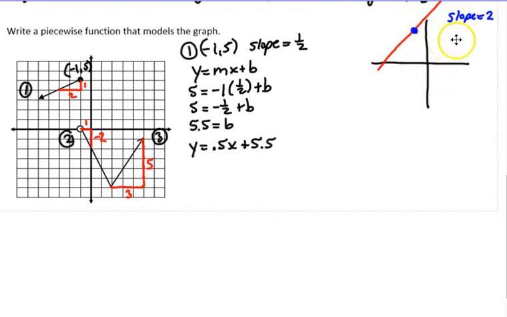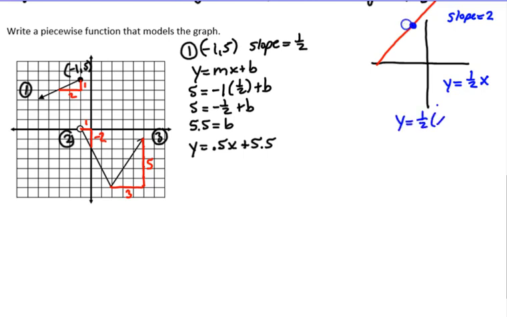So if my original function down here is y equals 1/2 x, and then I shift it left 1 and up 5, that would be the same as saying y is equal to 1/2 times x plus 1 plus 5.